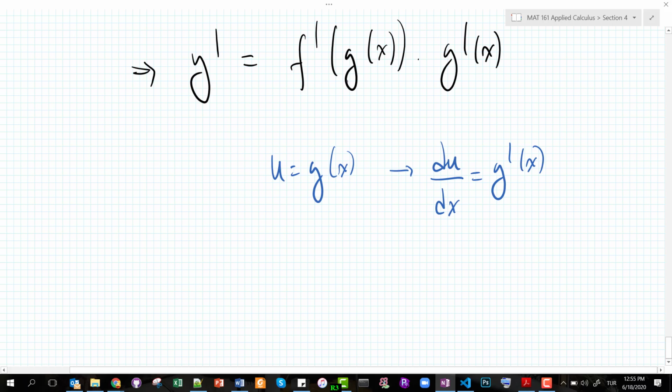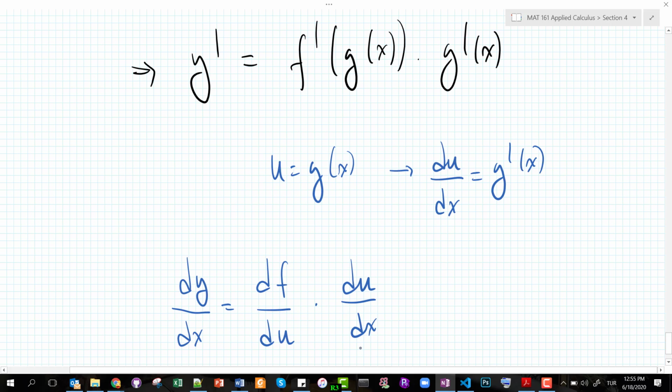If I use this notation instead of that notation, this formula would turn into dy with respect to x, which is the derivative I'm trying to figure out. It equals the derivative of f with respect to u times the derivative of u with respect to x, correct? Since this is u, and the derivative u prime I can represent in this way, the left hand side is going to be this one.